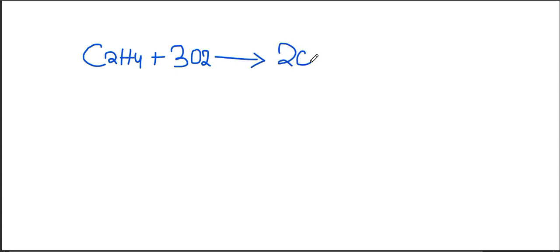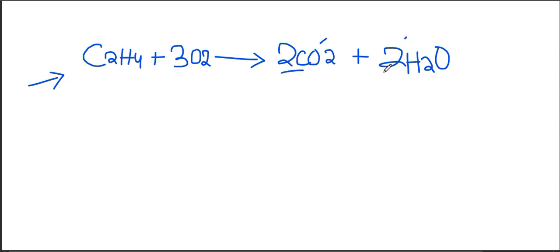C2H4 plus 3O2 gives 2CO2 plus 2H2O. Now, the question asked is the combustion of ethene in air to form CO2 and H2O, as given in the equation. You can see that combustion, with 2 moles, or you can say 2 exponents, per terminology.